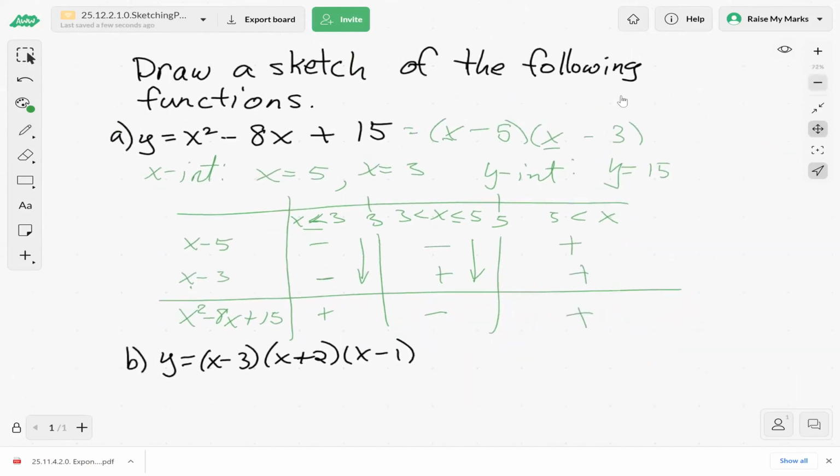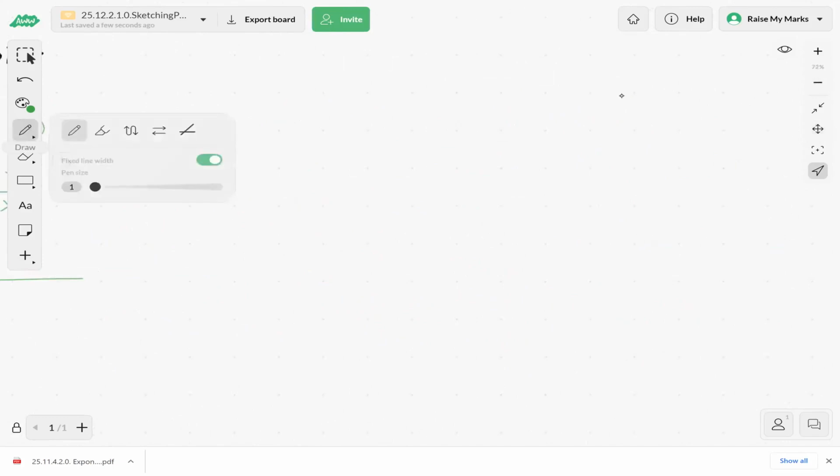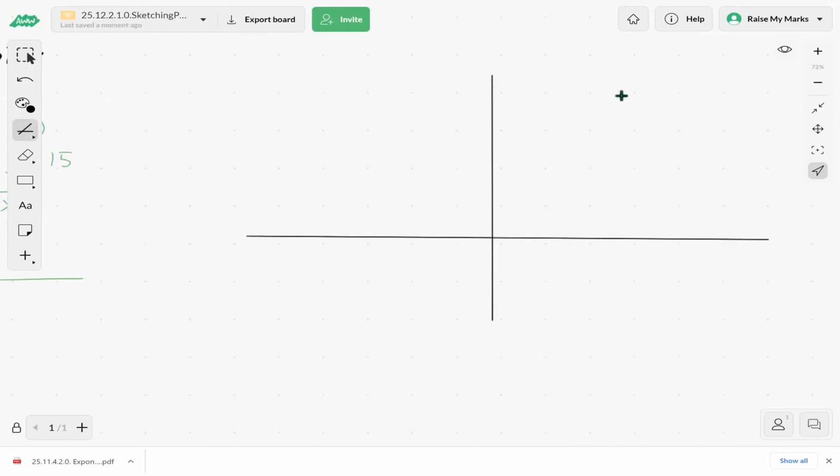All right, so I'm just going to make things a little smaller, scroll over to the right. Let's draw in our axes. And let's put in some of our points of interest, in particular our x and y axes.